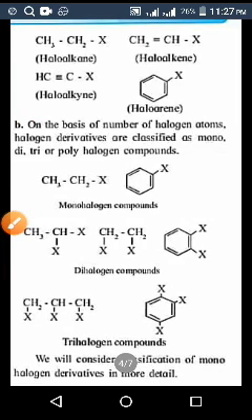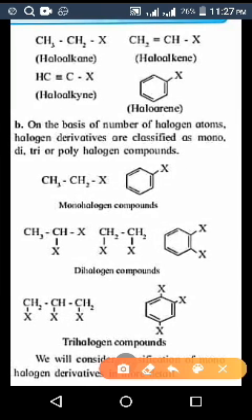For example, in alkane, if one of the hydrogens is replaced by halogen, it is known as haloalkane. In alkene, if one of the hydrogens is replaced by halogen, it is known as haloalkene. In alkyne, it is known as haloalkyne. And in the case of arene, it is known as haloarene.